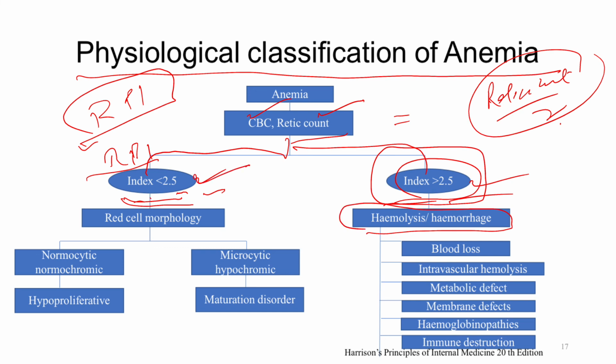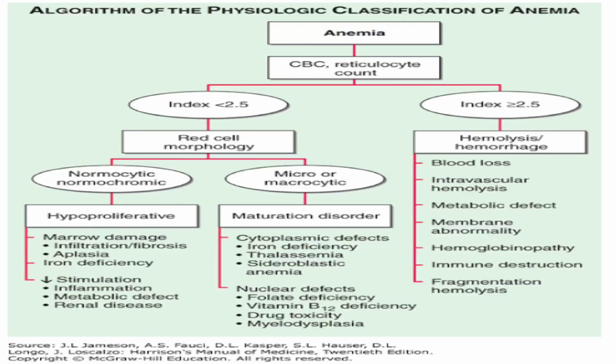Coming to the physiological classification of anemia, if the patient comes with anemia, with low hemoglobin, and we know the reticulocyte count, we first calculate the reticulocyte production index.